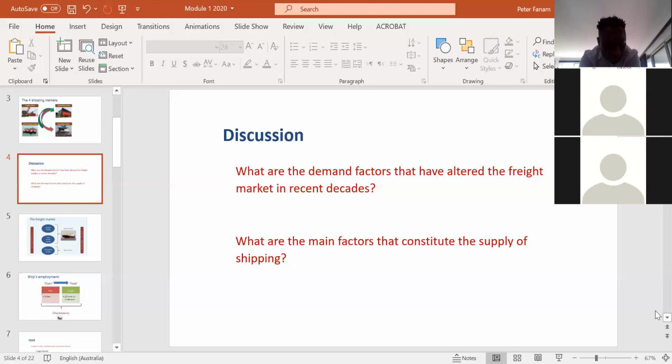Along with that, you had changing consumer preferences and people wanting more things from different parts of the world. That's just driven trade. And like Nicola was saying, changing ship sizes, we had that as another big factor as well.